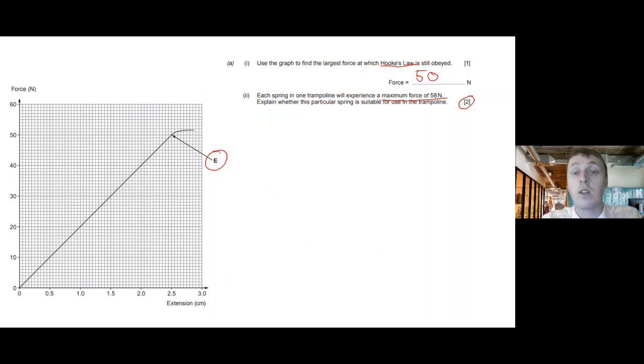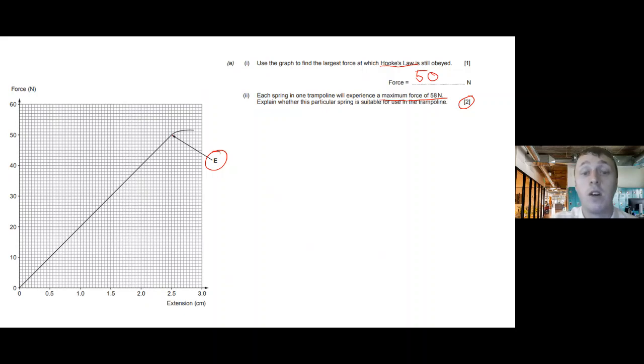And the largest force this spring can take is 50 newtons. So if the largest force is 50 newtons, but the spring might take 58 newtons, then it is a nice question, because you can see that 58 is clearly more than 50. So the spring is going to take a force that's greater than the Hooke's law limit, or this elastic limit, so it's not suitable.